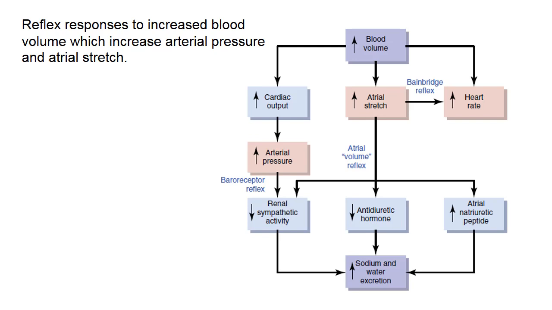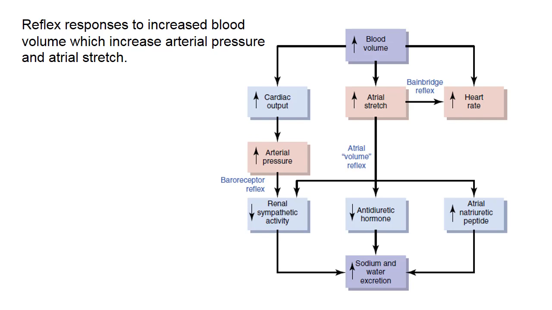First, the atrium produces atrial natriuretic peptide, or ANP, so the level of ANP is increased. Second, antidiuretic hormone level decreases. Third, renal sympathetic activity decreases. All of them can increase sodium and water excretion and decrease blood volume.